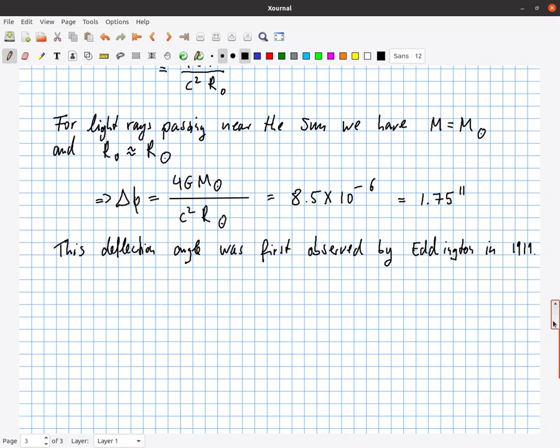And we should also say that from a historical point of view, this was the first experimental observation of a prediction by general relativity.